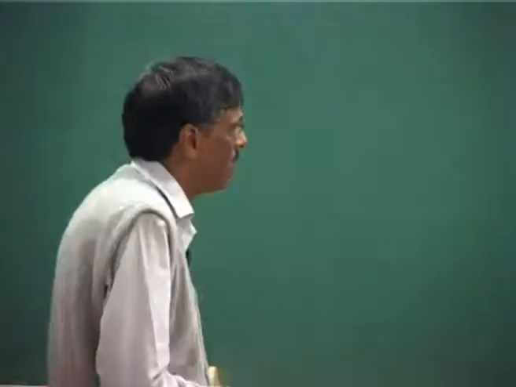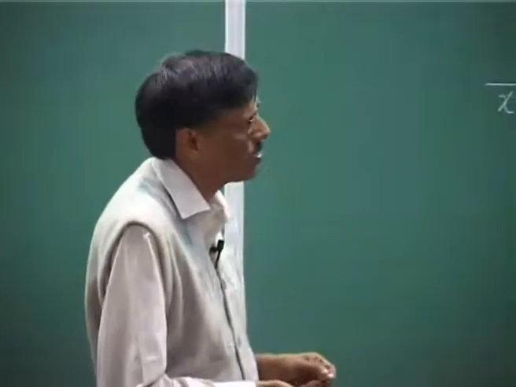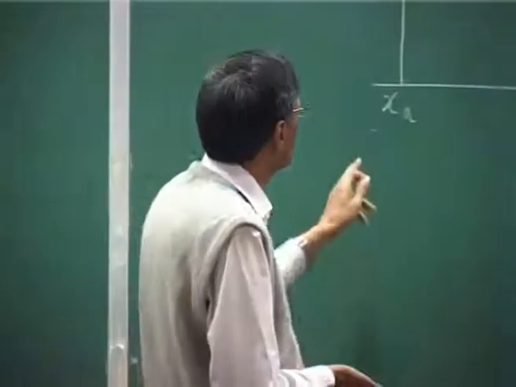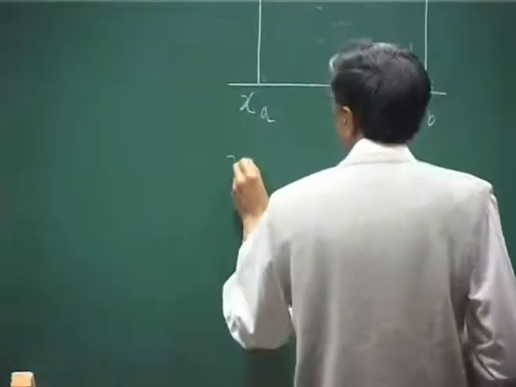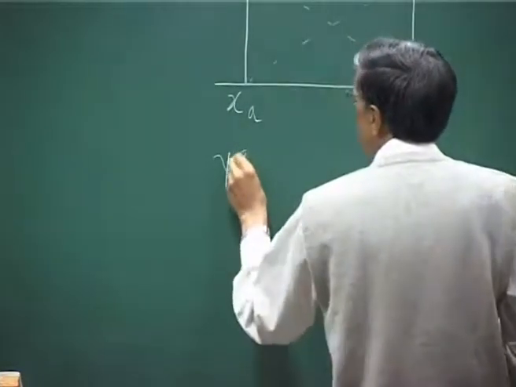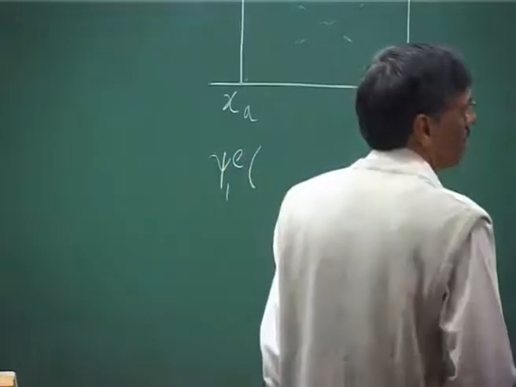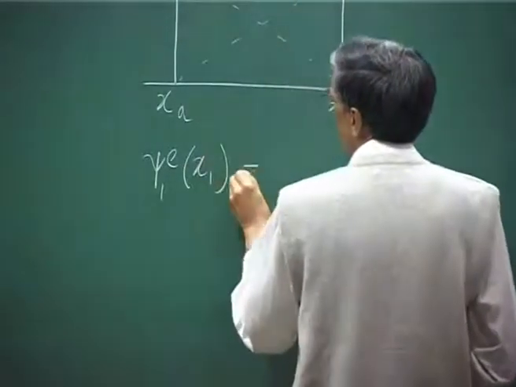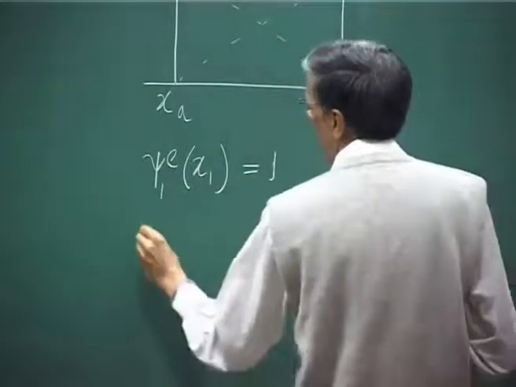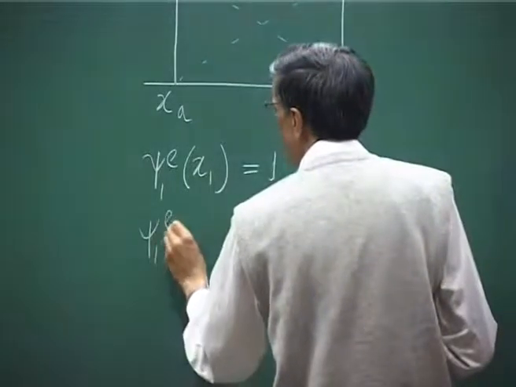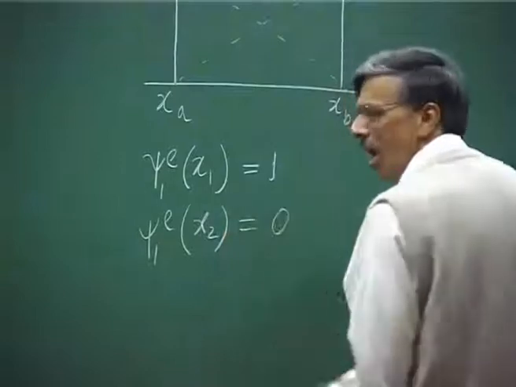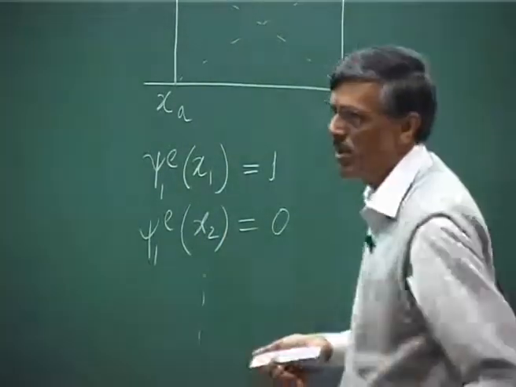You notice there are certain properties you can ascribe to these psi functions. When I write psi 1e evaluated at x1, or XA, it is equal to 1, and psi 1e at x2 is 0, and the other points will also be 0.